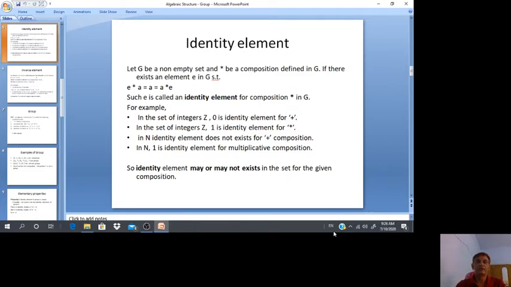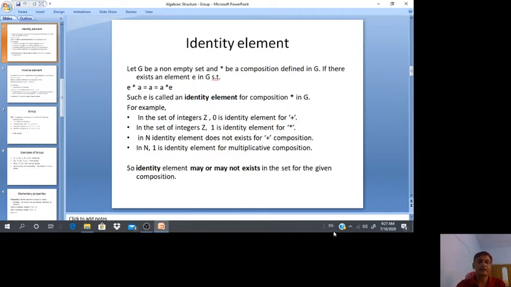Next, we define identity element. What is an identity element? An identity element in a set G is an element E for which E star A is A and is the same as A star E. If there exists such an element in G, we call such an element E an identity element.